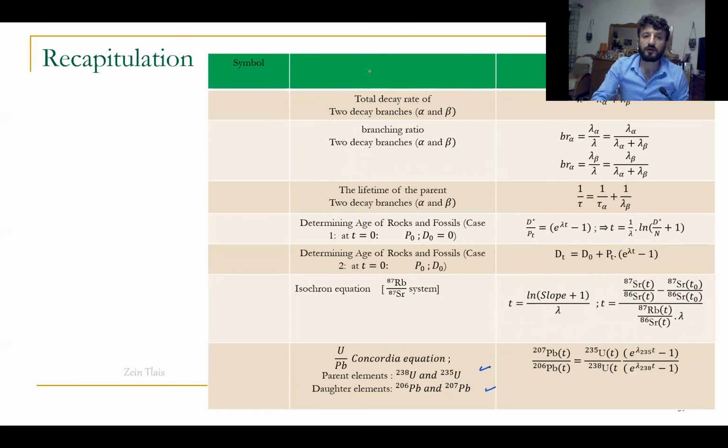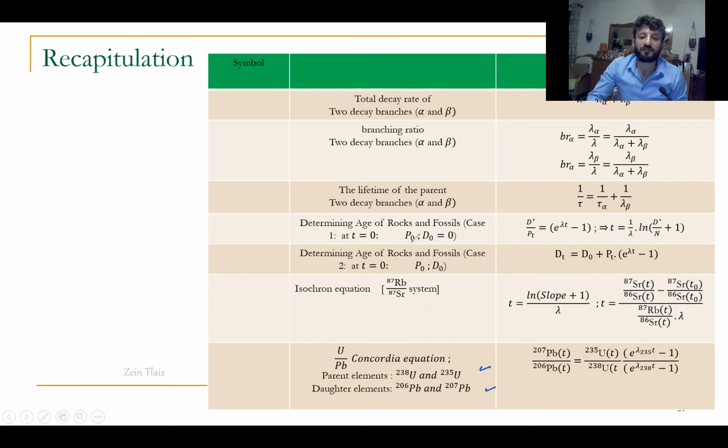First of all, to determine the age, in the case of organic matter you simply follow the decay law. We can take two isotopes, carbon 14 and carbon 12, and we can find the age simply.